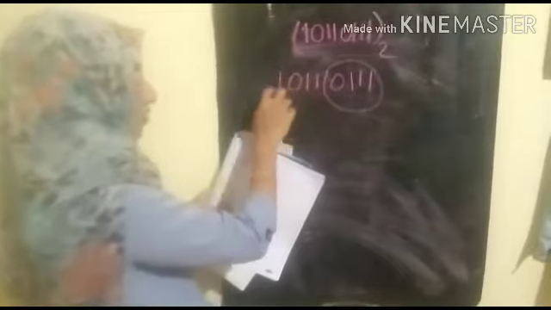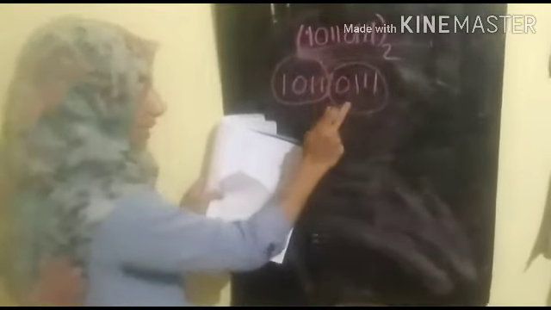First, break the binary number into 4-bit groups, 1 2 3 4, then 1 2 3 4. Then replace each 4-bit group with an equivalent hexadecimal number.